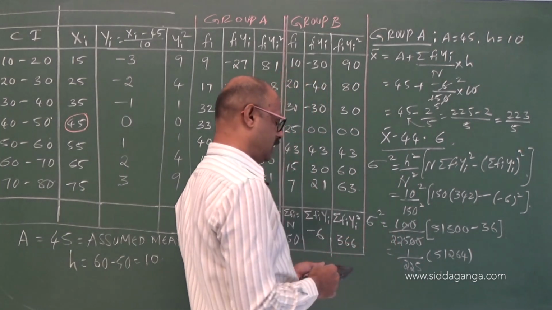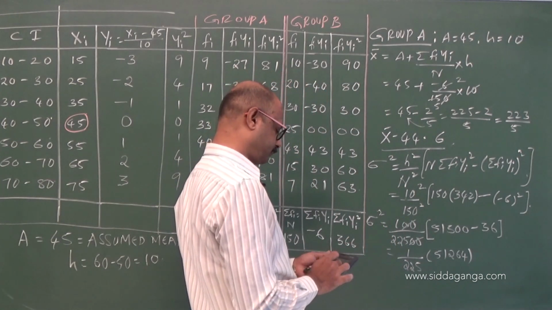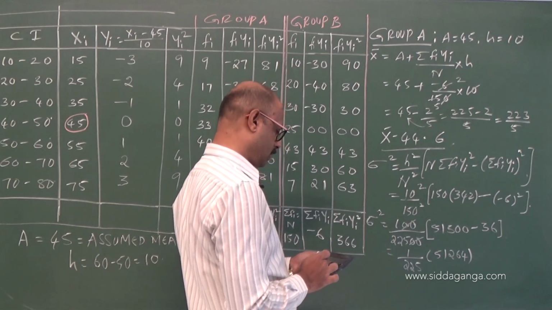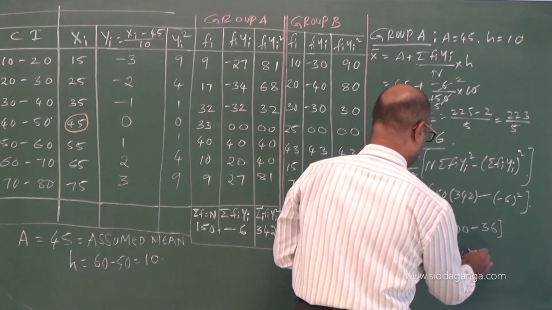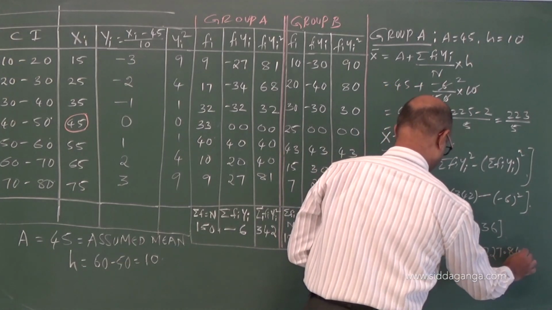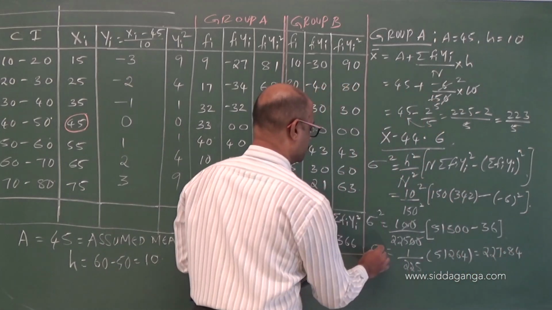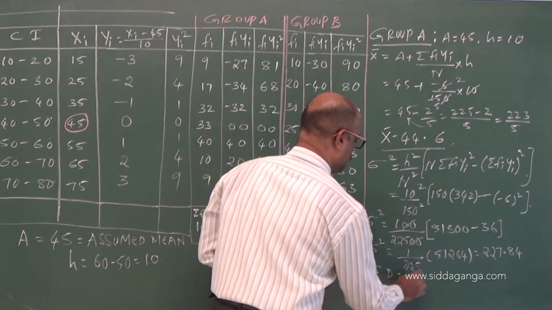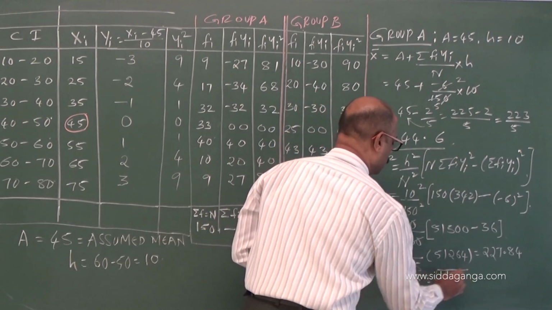Now 51,264 divided by 225 is equal to 227.84. This is the variance.